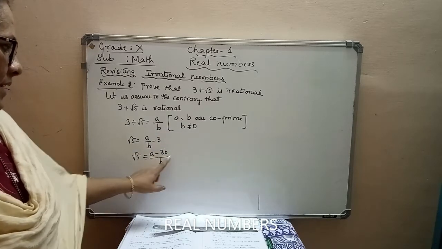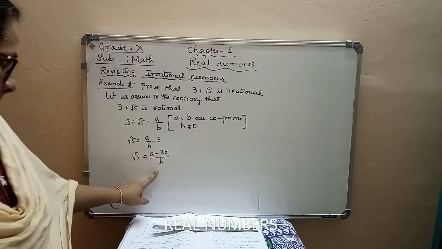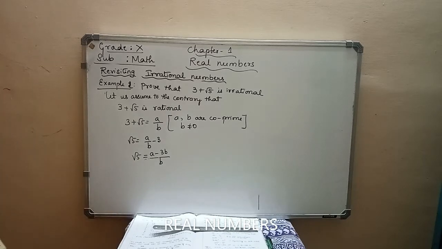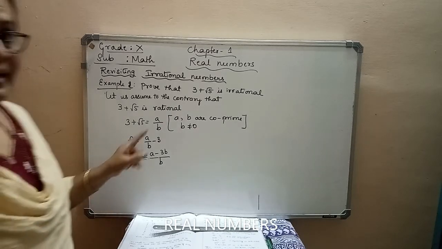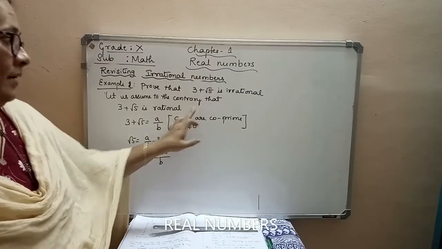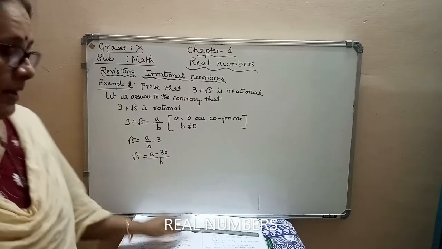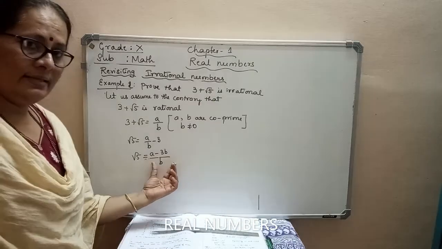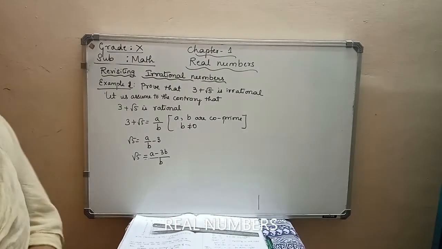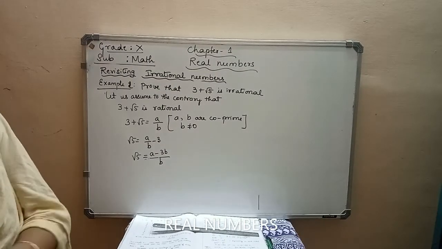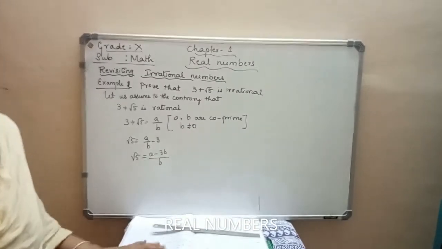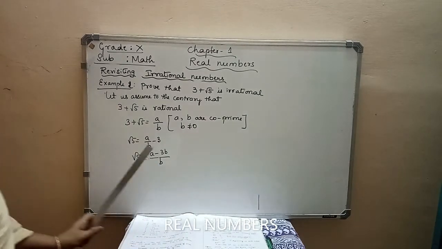So a minus 3b by b is a rational number and root 5 is an irrational number. So this RHS is rational, but LHS is irrational here. Why? Because a and b are positive integers. Is it possible? No, this is not possible.